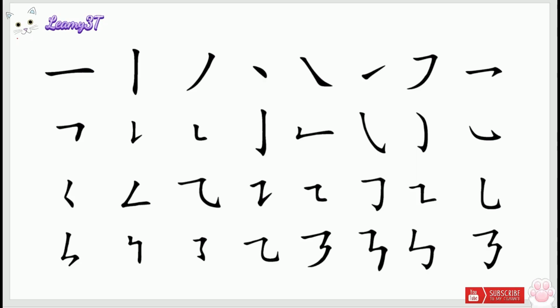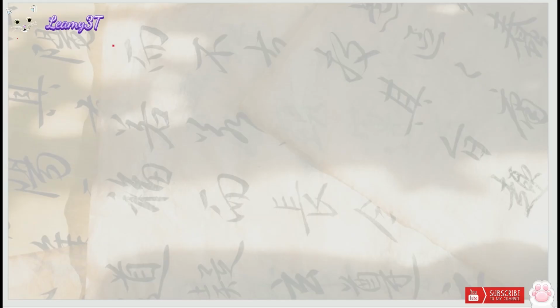Hello everyone, welcome to the first class. Before we start to write, there are some important things you need to know. Strokes are the lines formed when writing Chinese characters. From the moment the pen touches the paper to when it lifts up, just like when you are writing.